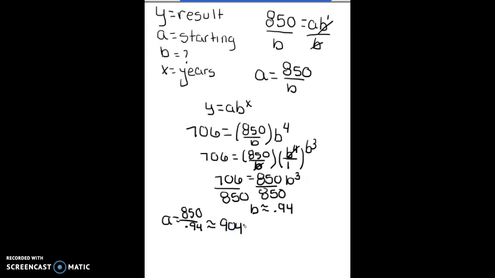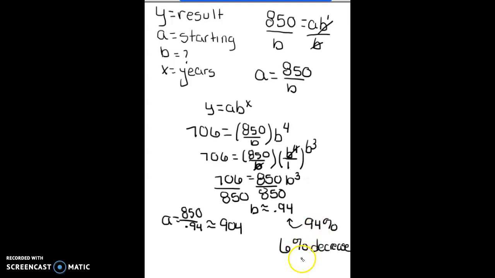And when you think about a being 904 and b being 0.94, that's really important. The whole b value right there is what's important, because that's the part that you have to think about. It's a decrease in percent. If this is 94%, that means it's a 6% decrease, because 94% of what you had originally is a 6% decrease.